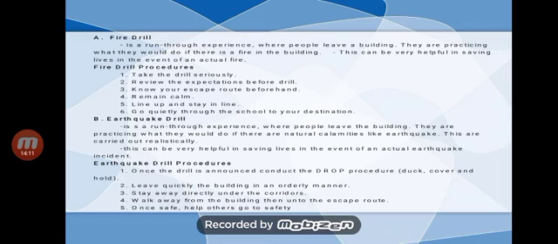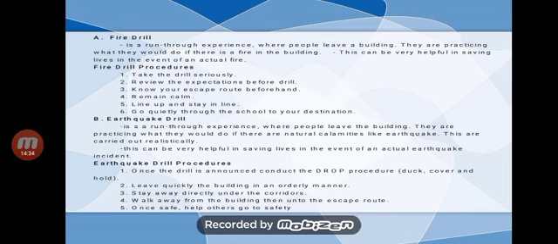Earthquake drill. It is a run-through experience where people leave the building. They are practicing what they would do if there are natural calamities like an earthquake. These are carried out realistically. This can be very helpful in saving lives in the event of an actual earthquake.